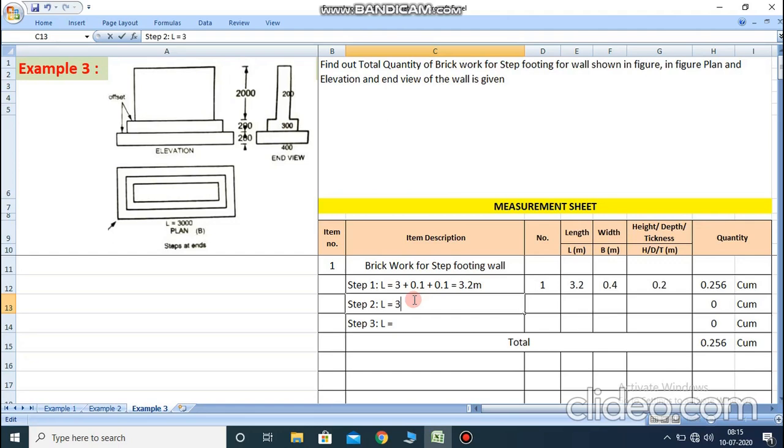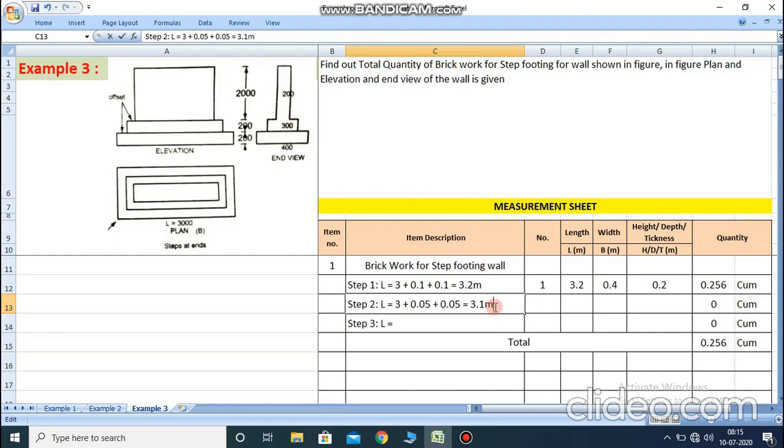We write here 3 plus 0.05 plus 0.05, as 50 mm is converted into meter. 50 mm for the right side and 50 mm for this side. 300 minus 200 is 100 mm, divided into 2 parts, 50 mm and 50 mm.